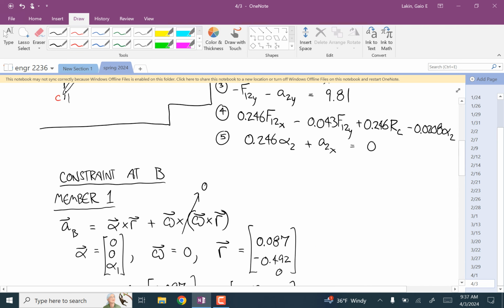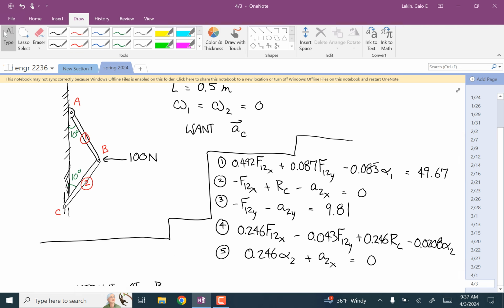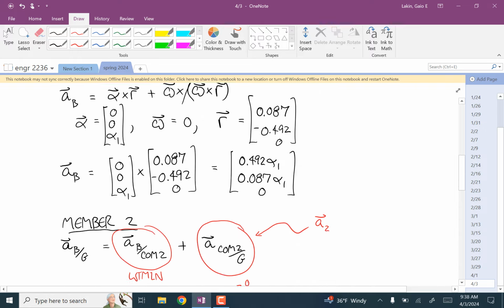So take your forces and your angular accelerations and just check them in each one of these. Make sure that those come out. If you entered something in the wrong place in the matrix, one or more of these equations are not going to work out. Okay. So it's always good to have some strategies for when you really want this stuff to be right.